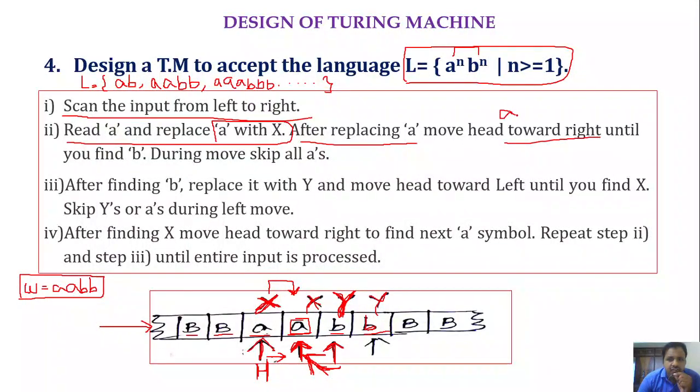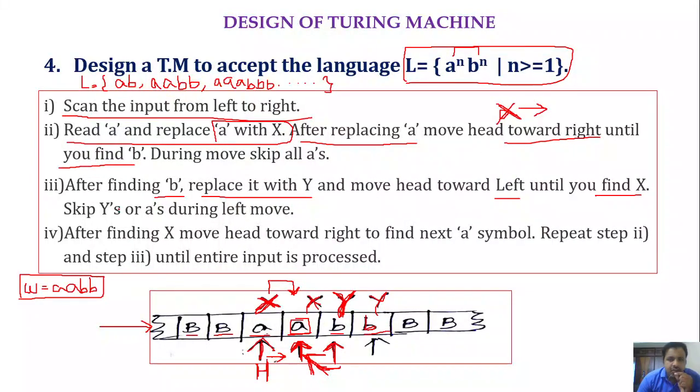Whenever we find a, we replace that a with x and move the head towards the right. We have to move the head towards the right until we find the b symbol. After finding this b symbol, we have to replace that b with y and move the head towards the left until we find the x symbol.